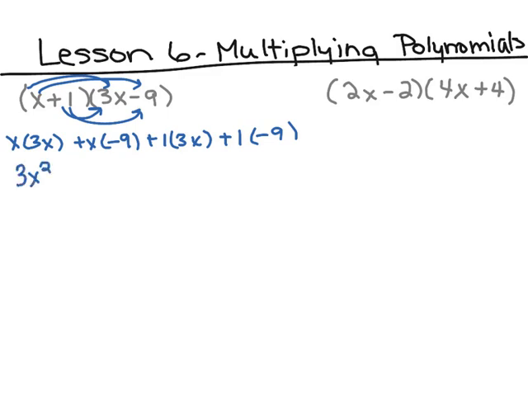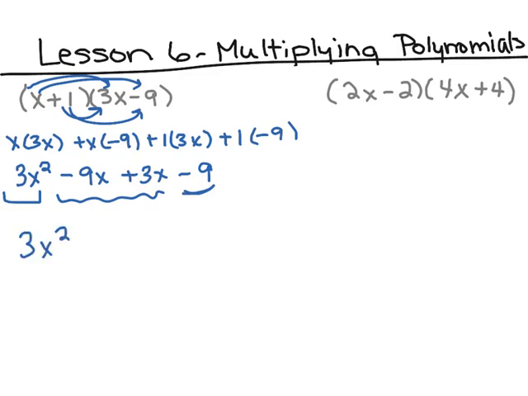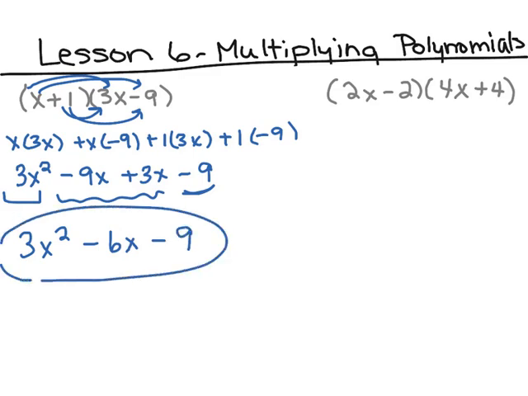X times negative 9 is negative 9x. 1 times 3x is 3x. And 1 times negative 9 is negative 9. Combine like terms, and we get 3x squared. Negative 9 plus 3 is negative 6x, minus 9. So there's our simplified and expanded polynomial.